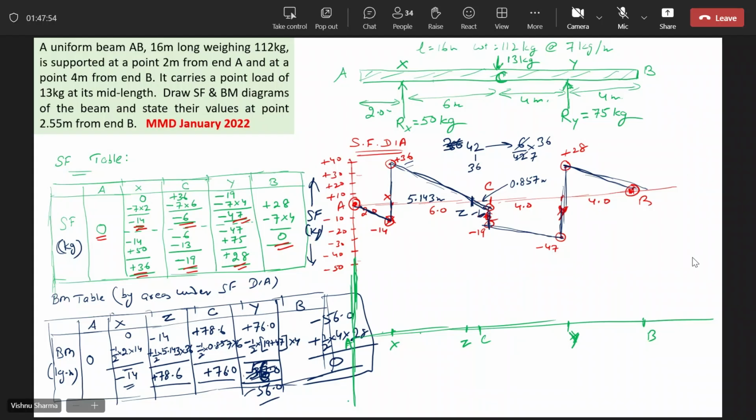60 means somewhere here. If I take minus 60, 30, 10, 20, 1, 2, 3, 4, 5, 6, 7, 8, plus 80. It will be 0 here.